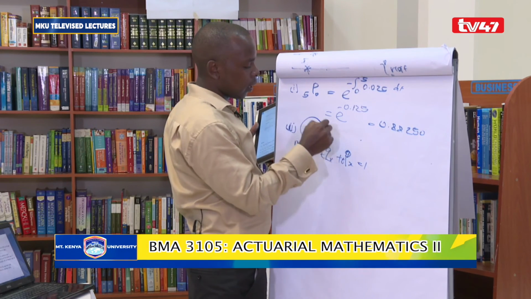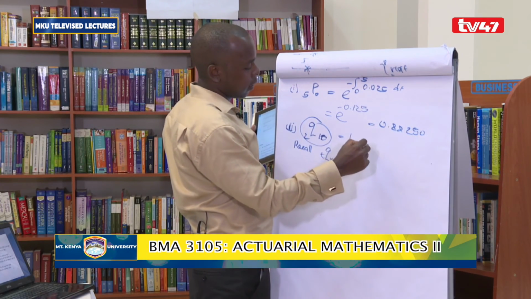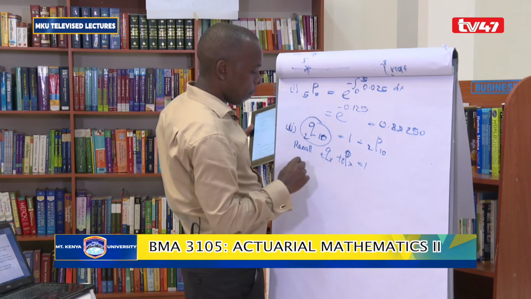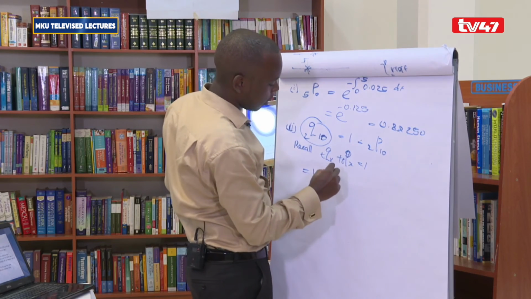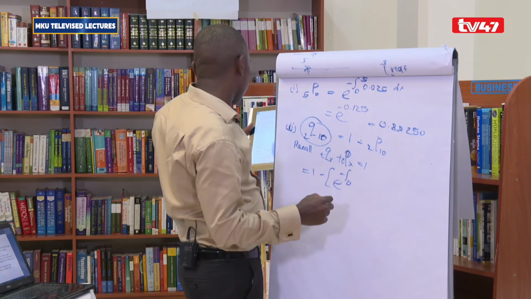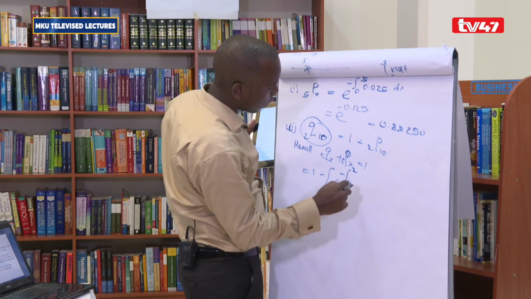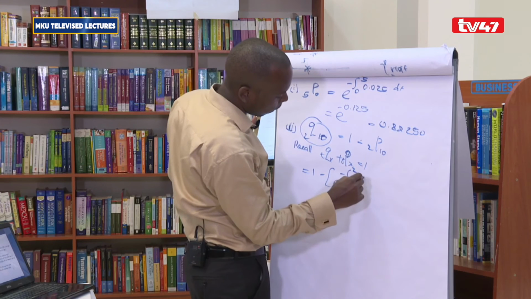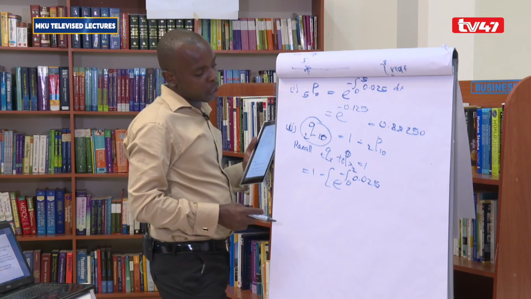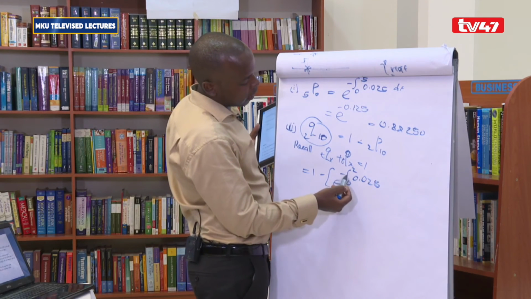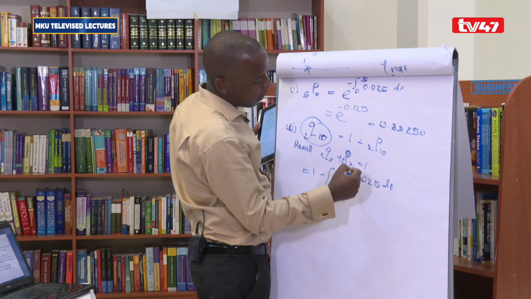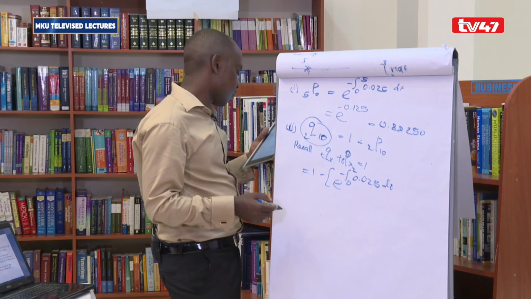So this one can be given by 1 minus 2p10. And this can easily be obtained as follows: 1 minus exponential to the power negative integral of 0.025 with respect to t, with limits 0 to 2.